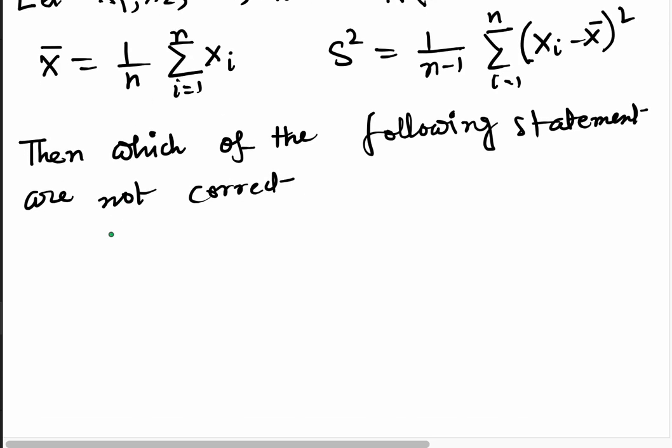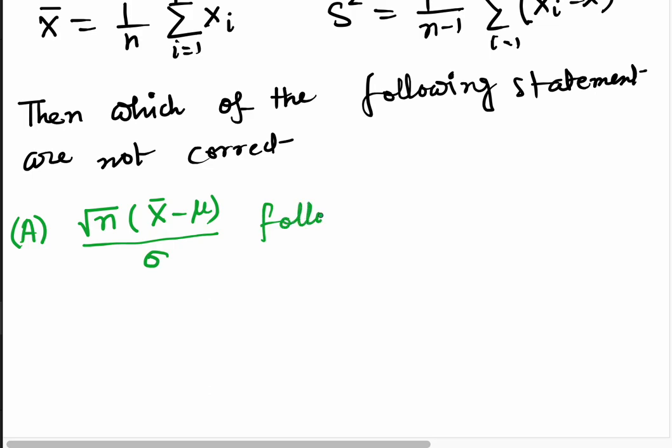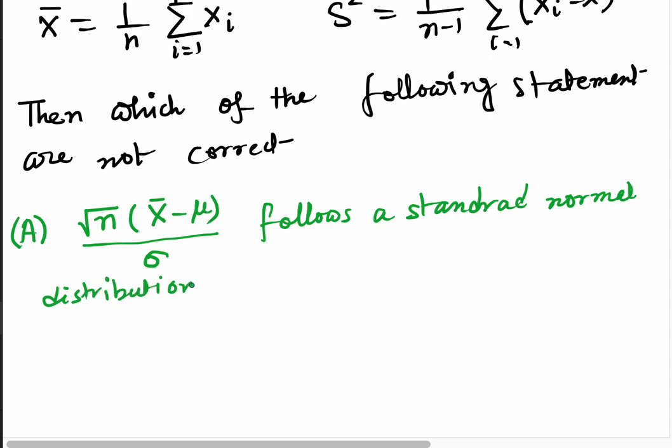The statements are the following: A, root over n times x bar minus mu by sigma follows a standard normal distribution.